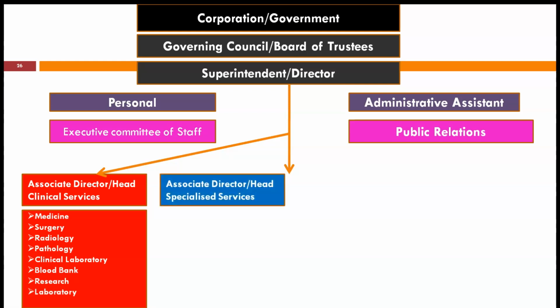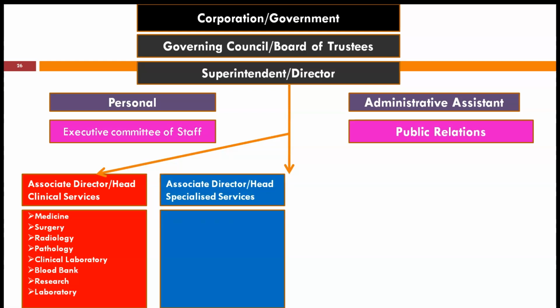Under the different divisions, that is under associate director, head specialized services, there may be nursing services, dietary services, and physiotherapy services, where the physiotherapist takes care of patients after surgery, after orthopedic surgery, and will give some examples for the rehabilitation.